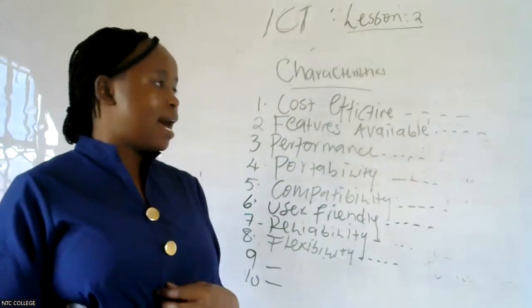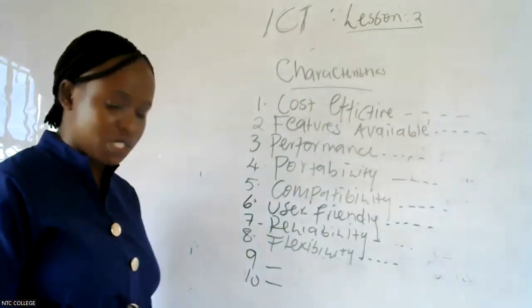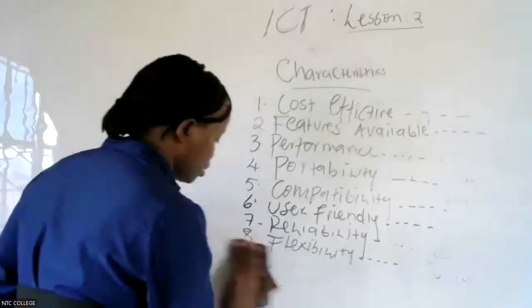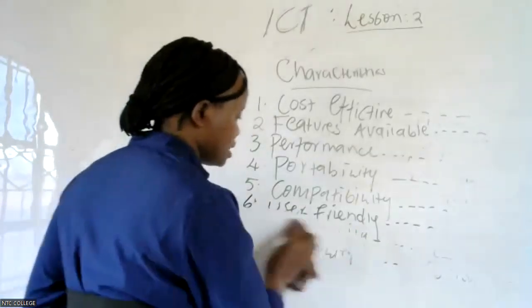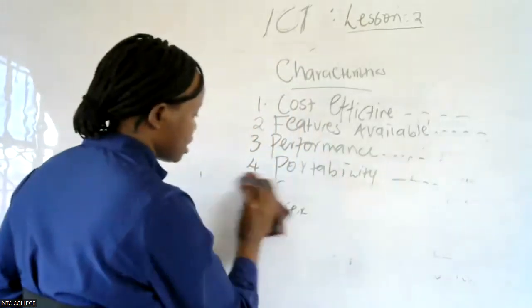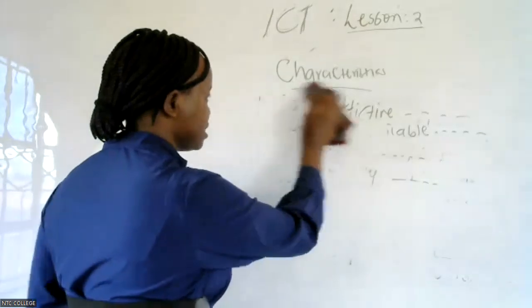Let's look at another understanding where we have the segregation of machines. Classification. How do we classify computers? Now we've understood what we have in terms of hardwares and softwares.